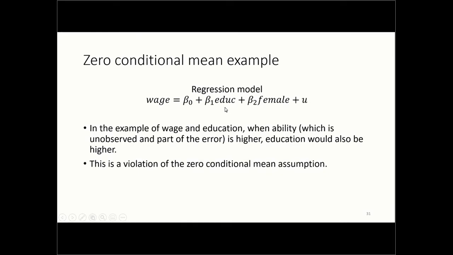That would be a violation of the assumption that the expected value of the error term given education needs to be 0, because again, educated people would be more likely to also have higher ability. When education increases, one of the problems is that we cannot hold this error term unchanged, because ability is in it, and ability would also be increasing here.